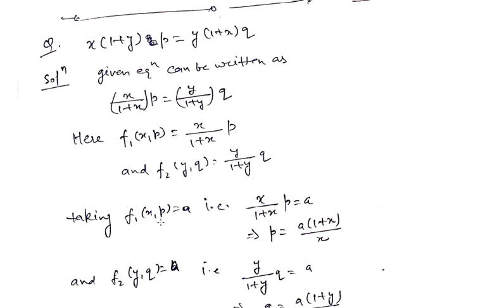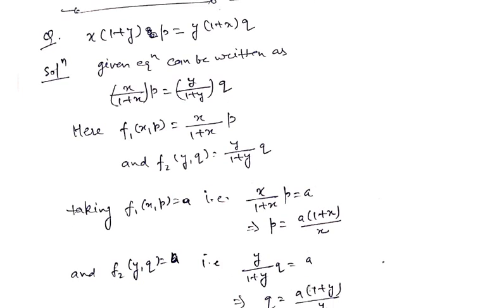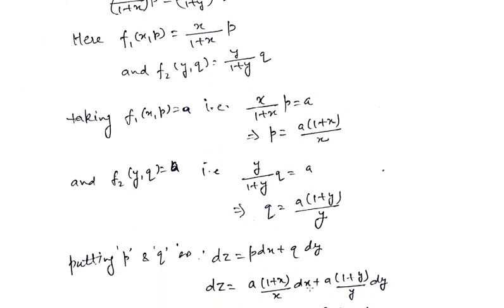So taking f1 = x p/(1 + x) equal to a, we get the value of p, and p becomes a(1 + x) upon x. Similarly, when we equate the second term, y upon (1 + y) into q, which is f2, equal to a, we get q = a(1 + y) upon y. Now we have the value of p and q.